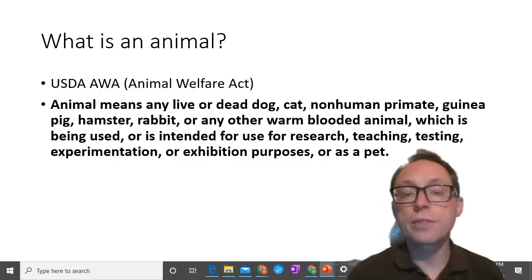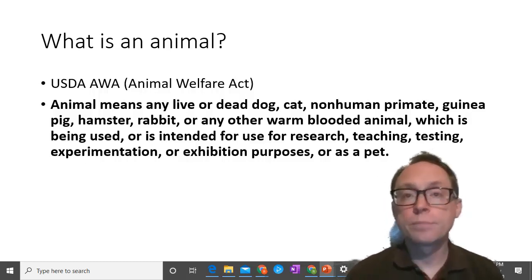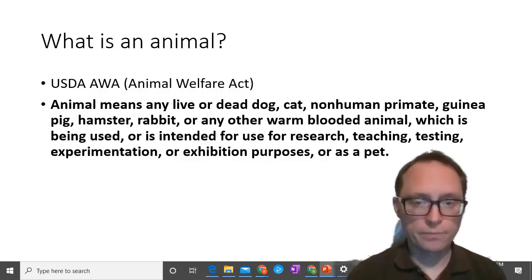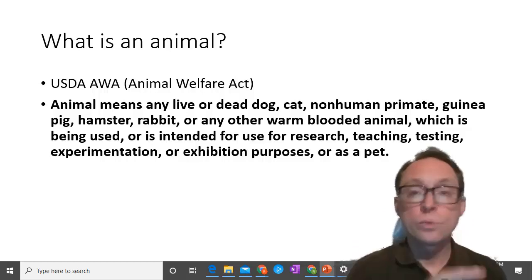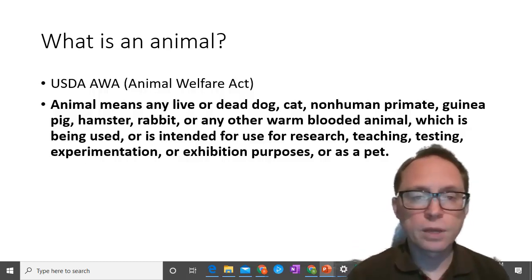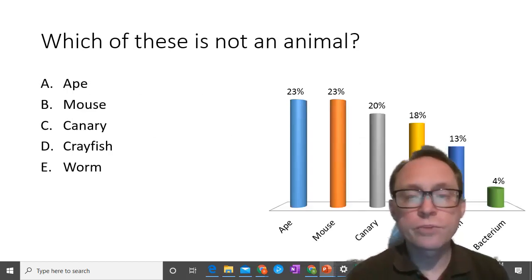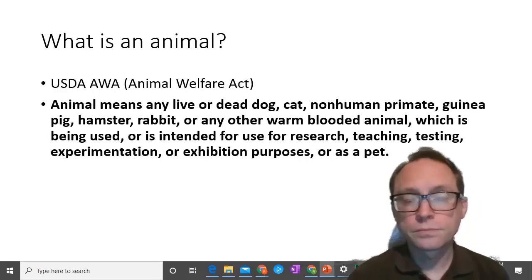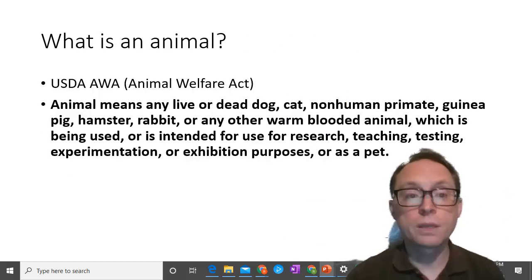So, for example, when you look at this, there's a few things that you should note. It has to be a warm-blooded animal. So automatically, when you look at this list, according to the legal definition of what an animal is, which is, by the way, a relatively broad definition, the USDA would not consider a crayfish or a worm to be an animal, because they are not warm-blooded.